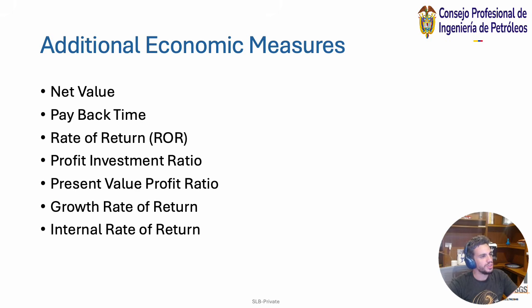Now we'll move on to additional economic measures or economic calculations. So there is the net value, payback time or payout time, the rate of return, like we discussed, ROR, the profit investment ratio, the present value profit ratio, the growth rate of return, and the internal rate of return, right?